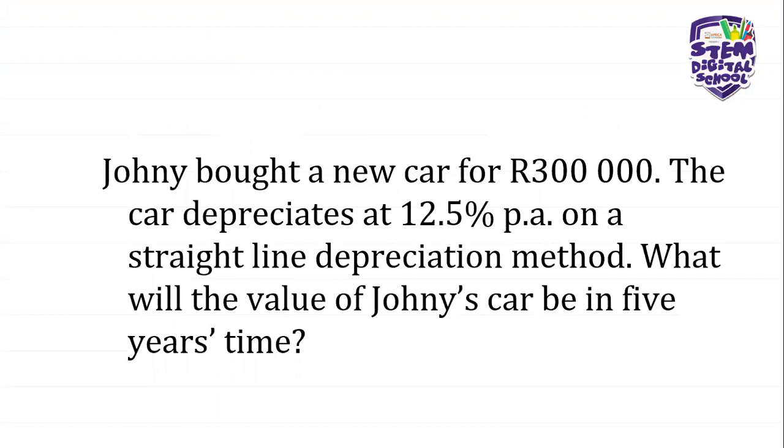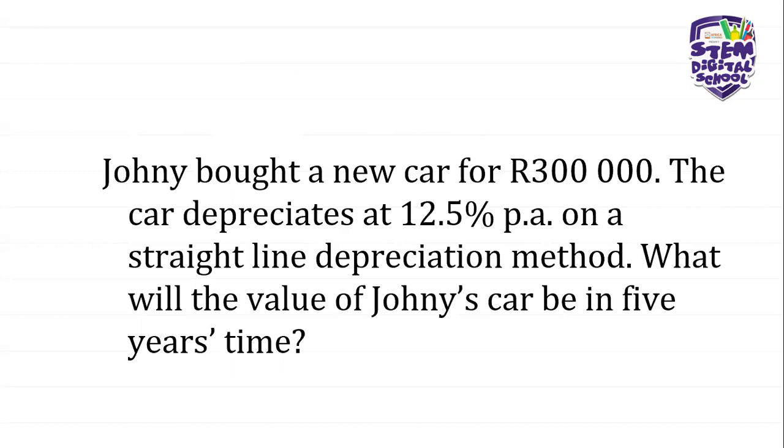I used an example of 6%. This time we are looking at a different one. We are looking at the car which was bought for 300,000 rands, and we are told that the car depreciates at 12.5% per annum on a straight line depreciation. So what will be the value of the car after 5 years?